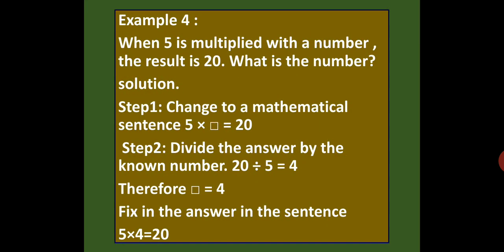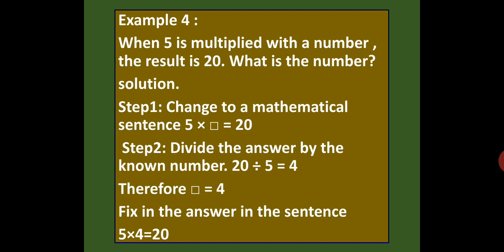Number 4. When 5 is multiplied with a number, the result is 20. What is the number? What are you going to do? First step is to change to a mathematical sentence, which is 5 times box equals 20.